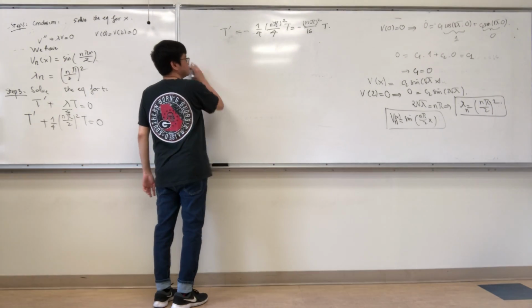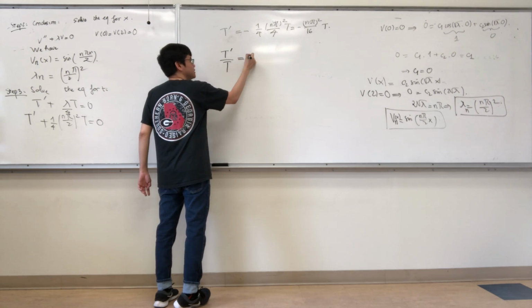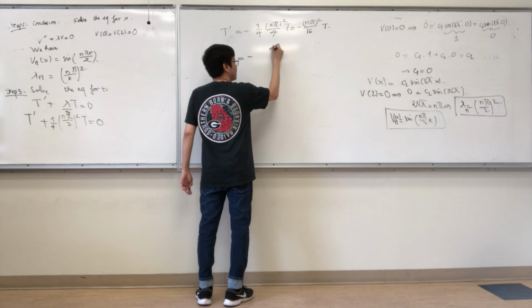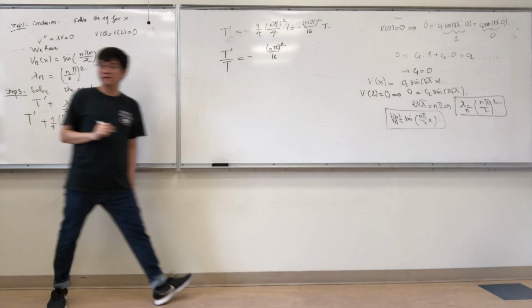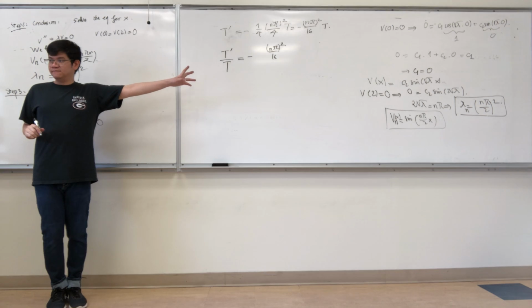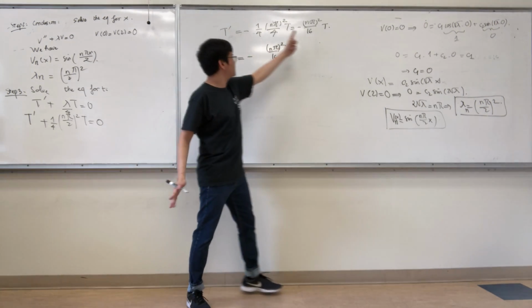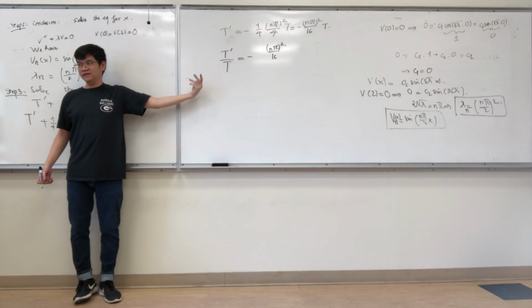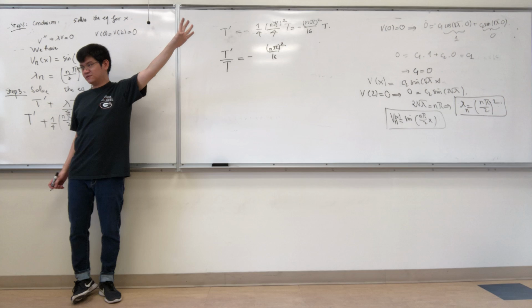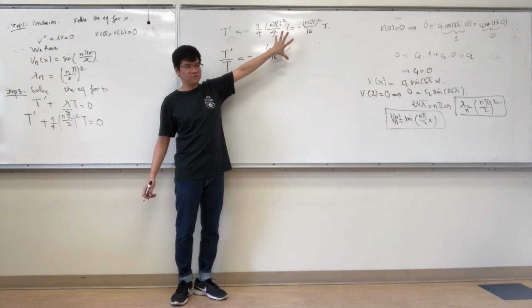Now this is again separable, right? So you have t prime over t is minus n pi over 16 squared, right? This is again separable. Why? Because this is t and this is t. So what I do is I divide by t, and the leftover is something else, right? So the t is on the left hand side, and the other term is on the right hand side.